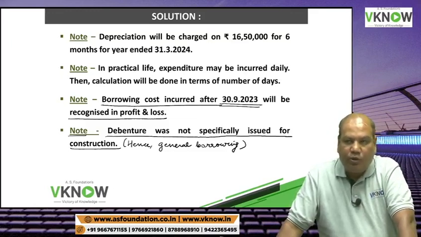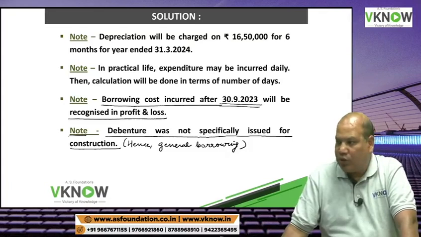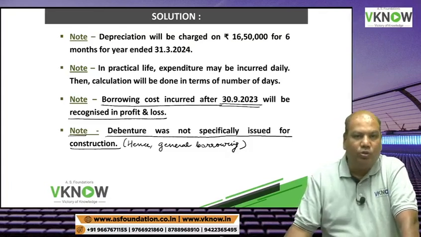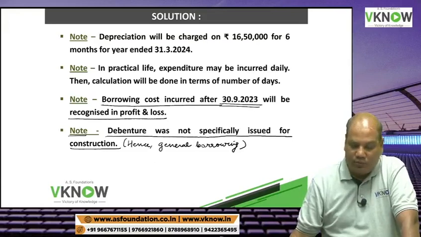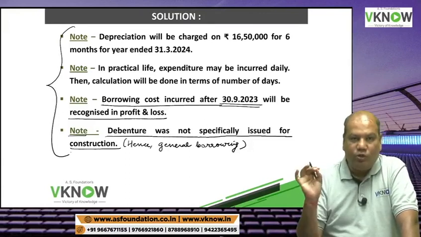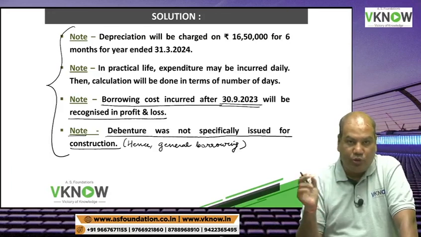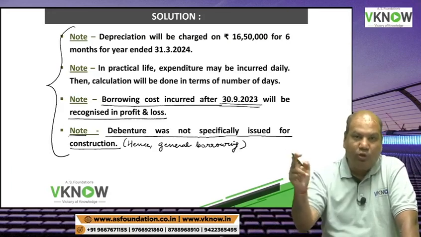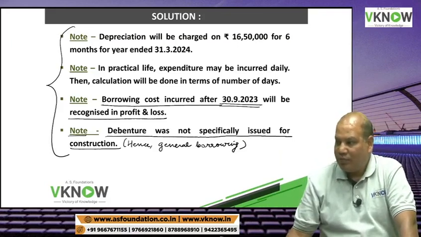In specific borrowing, actual interest is capitalized, so all this calculation would not be required. Total interest cost incurred will be capitalized. So tell me, did you enjoy this question? A very different type of question for conceptual clarity. Those who have enjoyed will say yes.